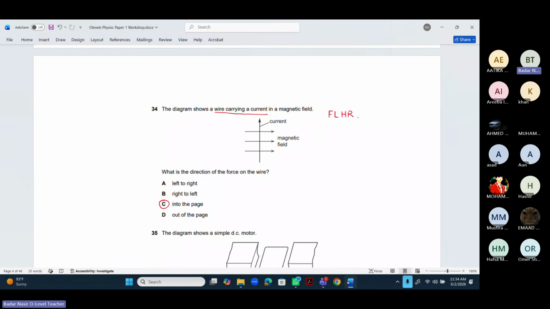So उसके लिए you will have to use your hand like this. ये thumb है, ये second finger है, ये index finger है जो आपकी मैग्नेटिक फील्ड की तरफ है, ये करंट है, तो यू विल सी के फोर्स की जो डायरेक्शन है वो इनटू द पेज है.